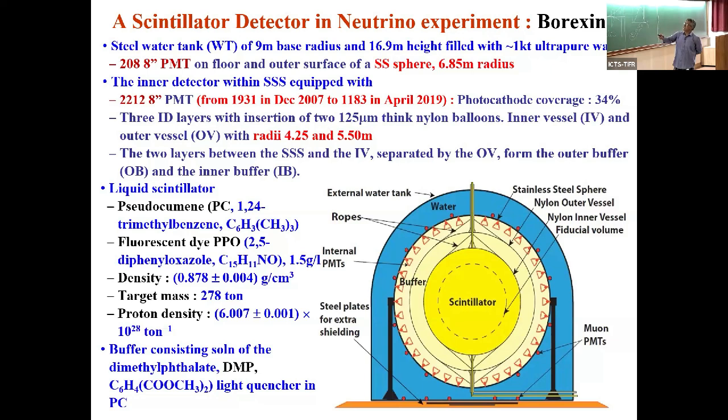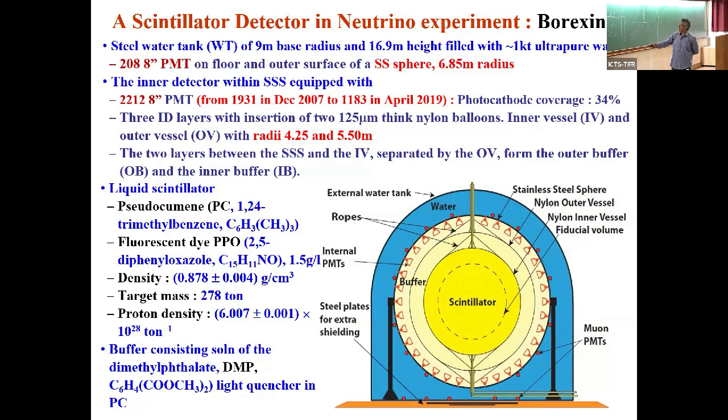This is the steel water tank with a radius of 9 meters and a height of 16.9 meters, filled with 1 kiloton of ultra pure water. This is the ultra pure water, the blue part you see. If something passes through this area, it is detected by 208 8-inch photomultipliers.